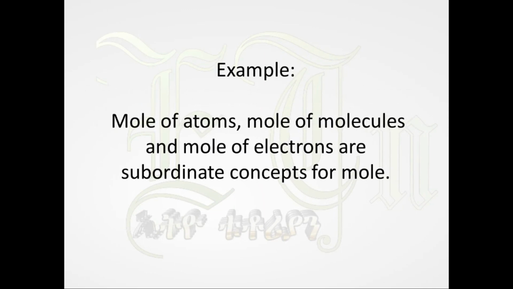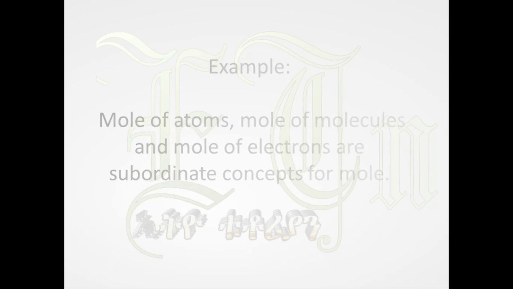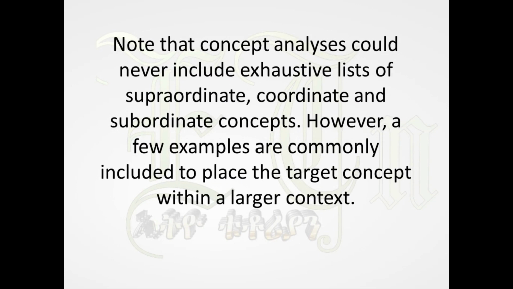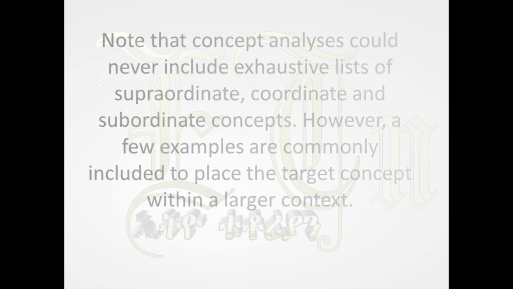Example: mole of atoms, mole of molecules, and mole of electrons are subordinate concepts for mole. Note that concept analyses could never include exhaustive lists of supraordinate, coordinate, and subordinate concepts. However, a few examples are commonly included to place the target concept within a larger context.